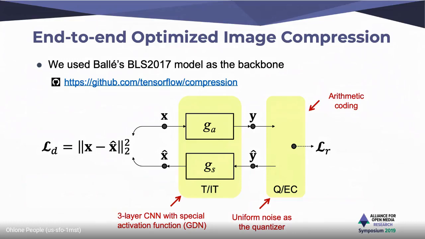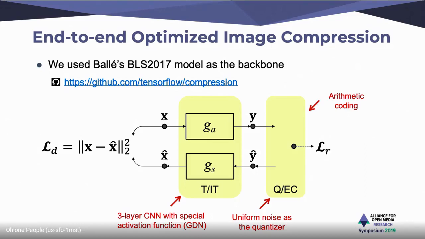Later on, we get Y, which you can think of as a transform coefficient or latent representation. What's special here is that they use uniform noise as a quantizer, because the conventional ladder-shaped quantizer is not differentiable.